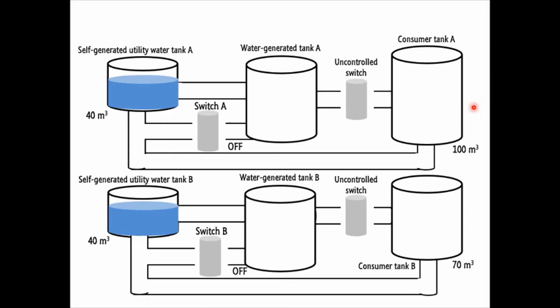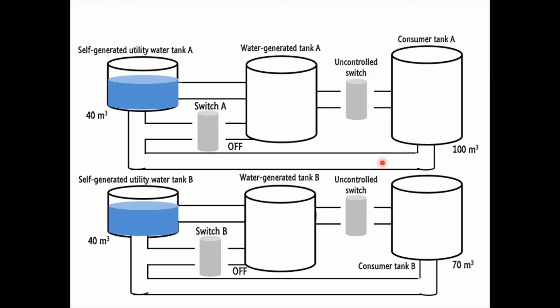Next, we will consider a new topology of water distribution systems. Take note of the new location of both controllable and uncontrollable power switches. Similar to the previous systems, the utility tanks can generate up to 40 cubic meters of water only.